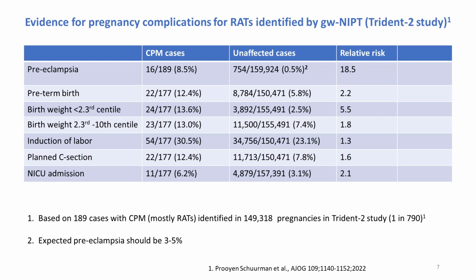And because we weren't doing very large numbers of cases, there's been a continued controversy about their significance in CVS. Because of the use of NIPT, we actually now have a lot more information about these, and we know a lot more about the significance.